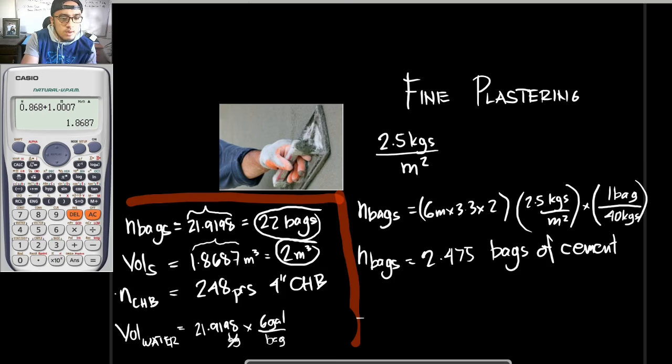So, the bag would cancel out. So, your answer here would be 21.9198 times 6, so that would be 131.5188. Round it up later. So, this would be 132 gallons of water. So, this would be your answer right here.